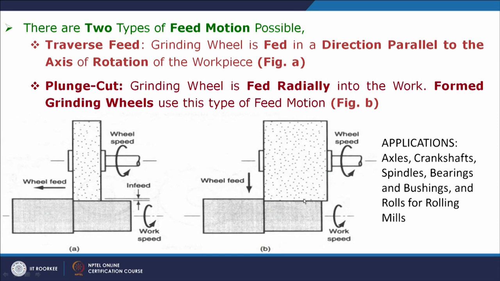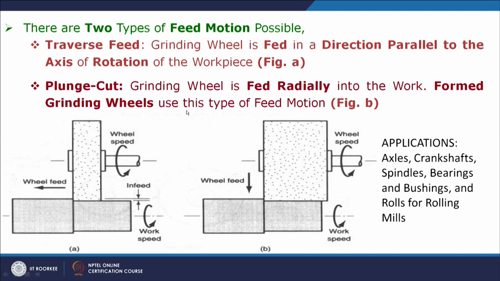In another case, where the width of the wheel is bigger than the length of the workpiece to be processed, we need simply the plunge cut, or plunge in. The grinding wheel is fed radially into the workpiece, so that the required cut can be made to achieve the desired size and shape.